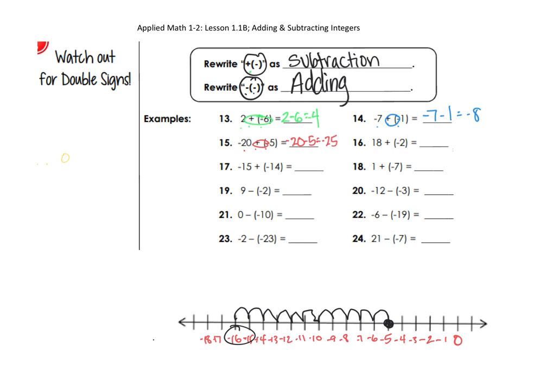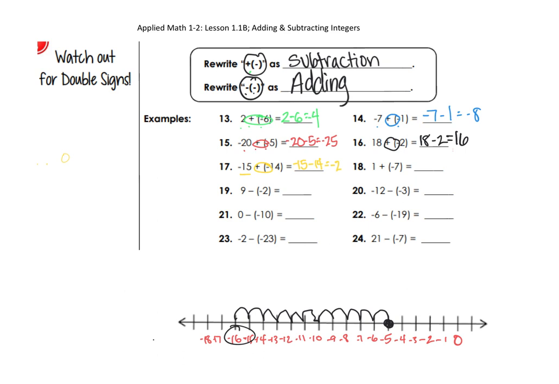Number 16, we have 18 plus negative 2, which, plus and minus, means minus. 18 minus 2, which is 16. Okay, number 17, we have negative 15 plus negative 14. This really should be read as negative 15, a negative number, and we're saying to take away 14, so this is going to be a bigger negative number.